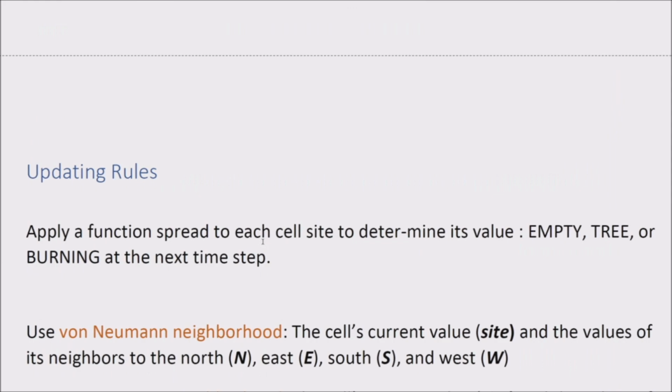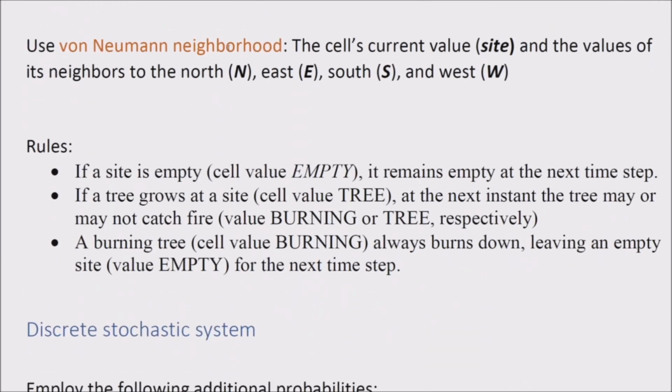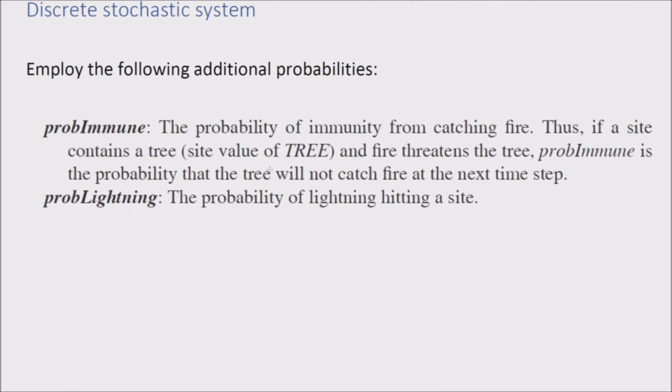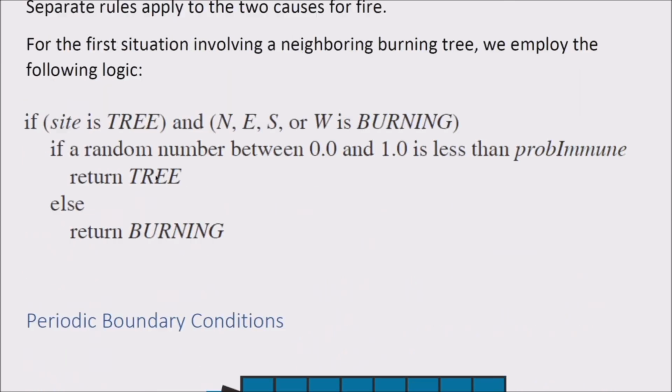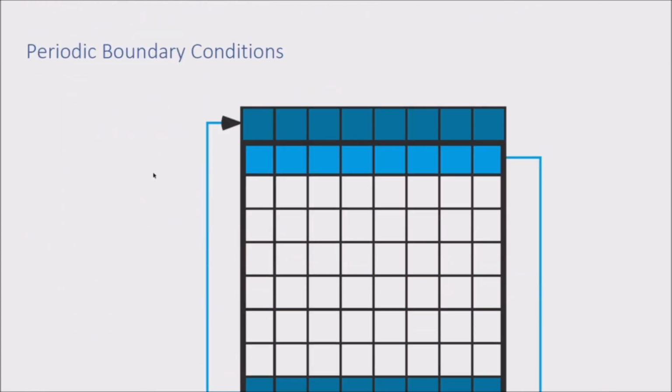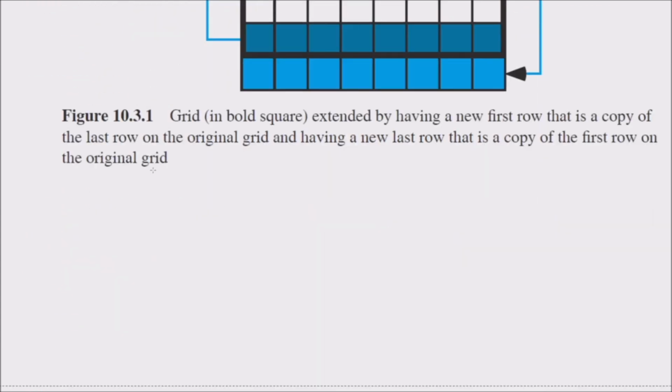And one more, what neighborhood type we pick, and interestingly how we apply immune trees and lightning in this simulation. That's pretty much what we are expecting you to know on this one.